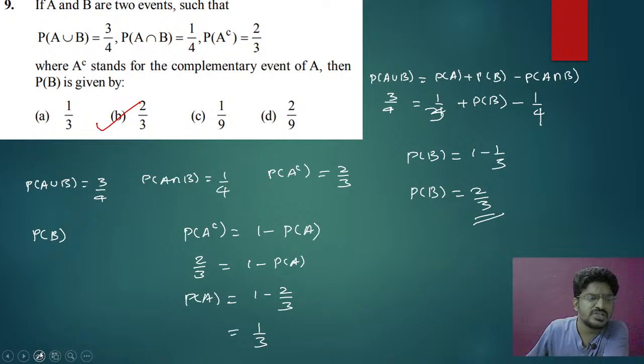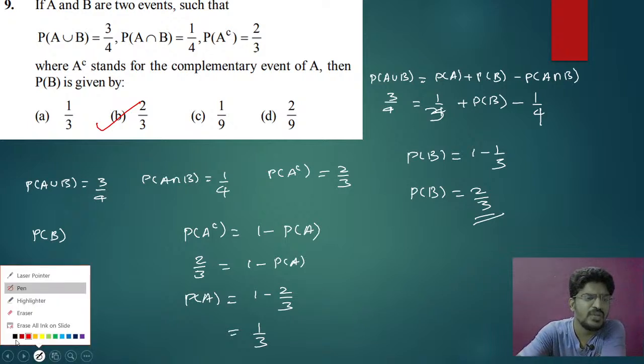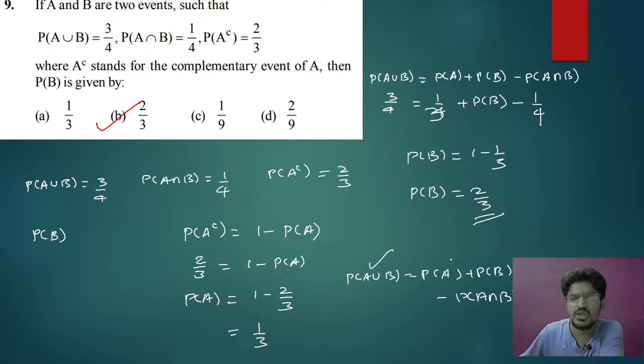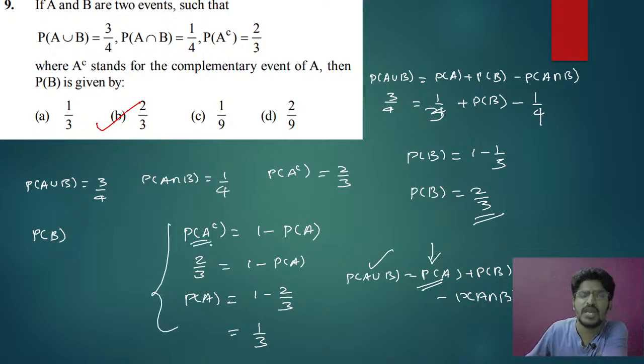Because you have to see that probability of A union B is given. So if probability of A union B is given, we know the formula, that is probability of A union B equal to probability of A plus probability of B minus probability of A intersection B. So already they have given probability of A intersection B, probability of A union B. We need probability of A, so you calculate it from A complement.